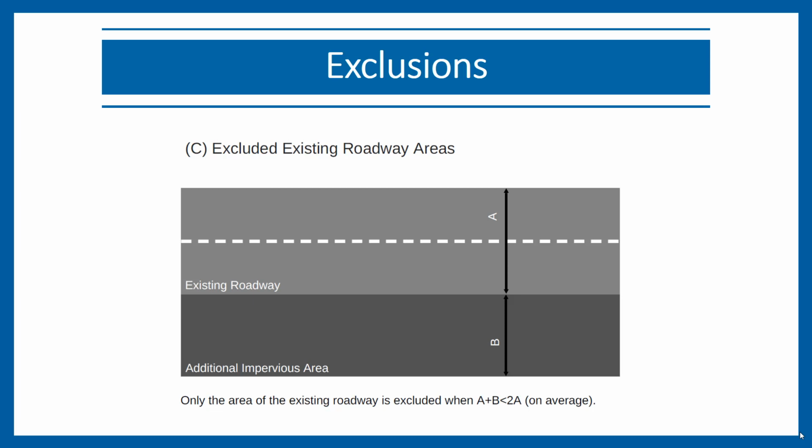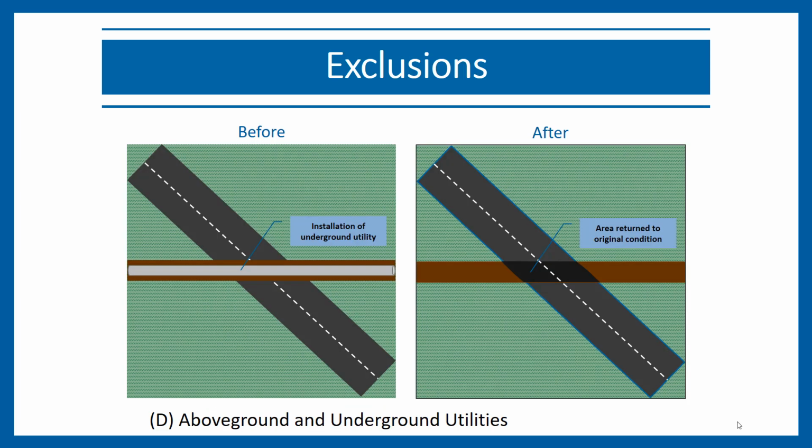So you would still have to treat the additional impervious area, which is that lower, darker section of the roadway there. And this one gets tricky because it's hard to just capture the drainage area of the additional impervious area, but you must treat all of that darker area, which means you probably are treating at least some of the lighter or existing roadway. There's also an exclusion for above ground and underground utilities.